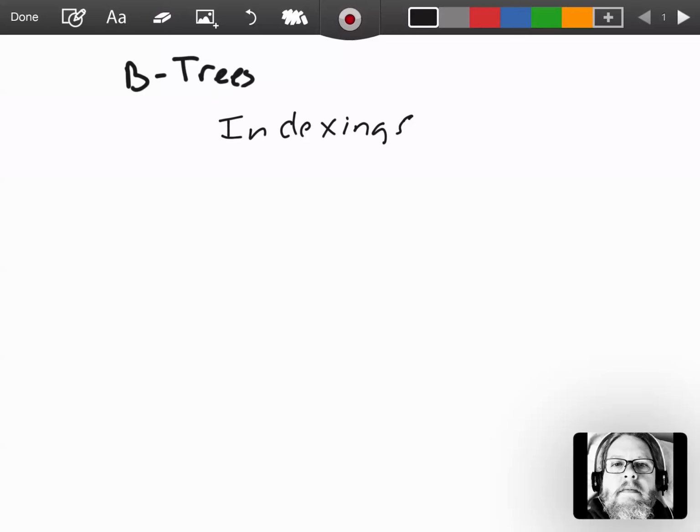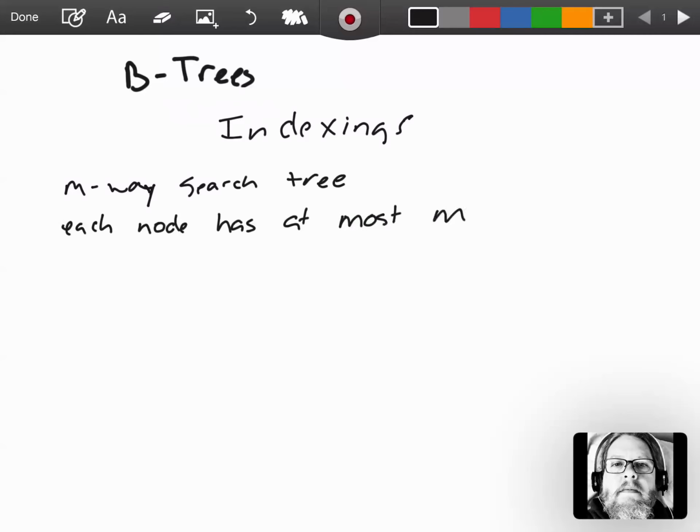The B tree is a more generic way of looking at something called an M-way search tree. In these trees, each node has at most M children, and it has the following characteristics.